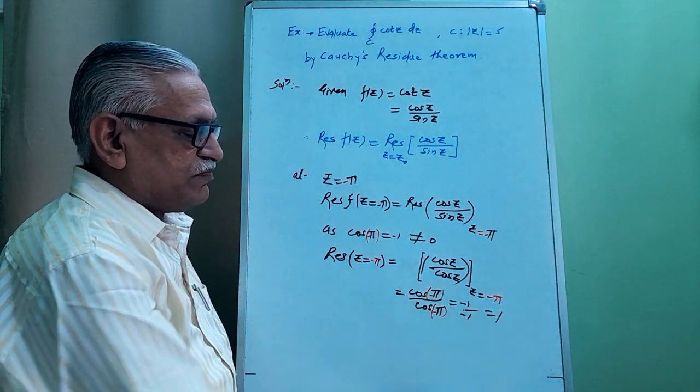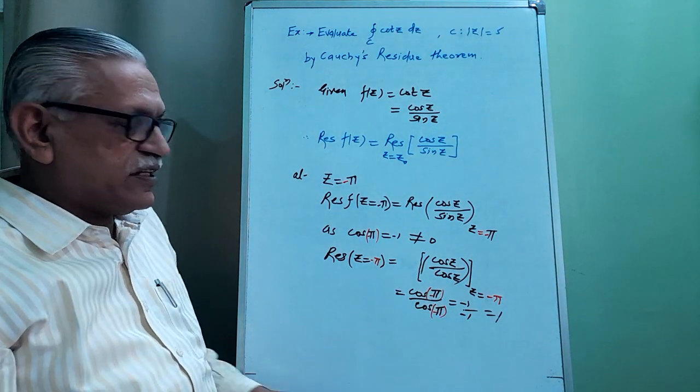Minus minus we get plus 1. Therefore, the third residue is plus 1.